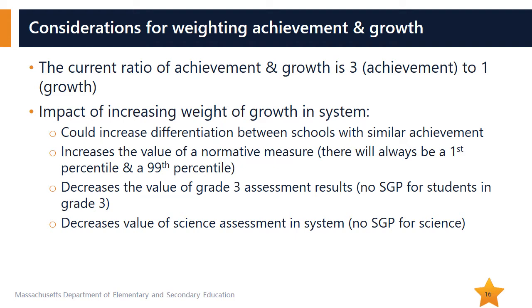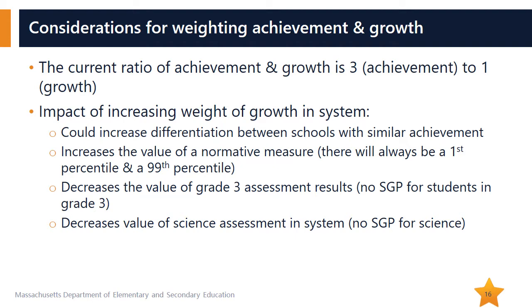First, an increased weight of growth may better differentiate between schools with similar achievement. For example, if two schools have the same ELA average scaled score, you could look at the schools' ELA SGPs to see if one is demonstrating more success in improving student performance.